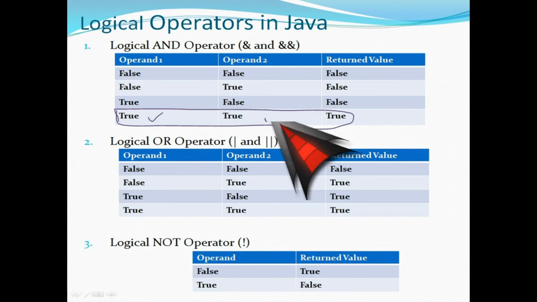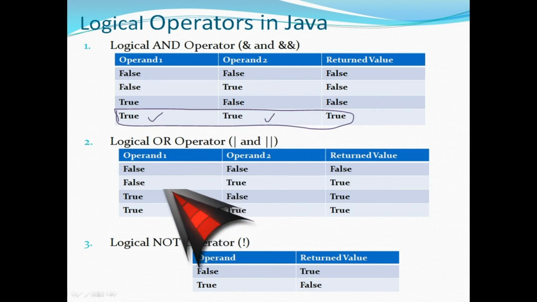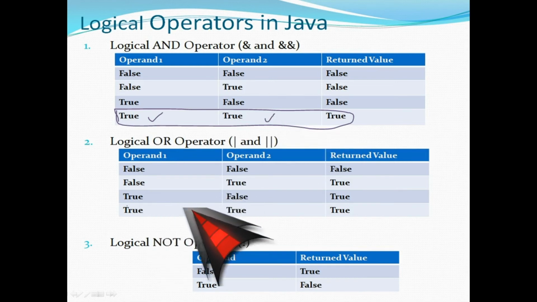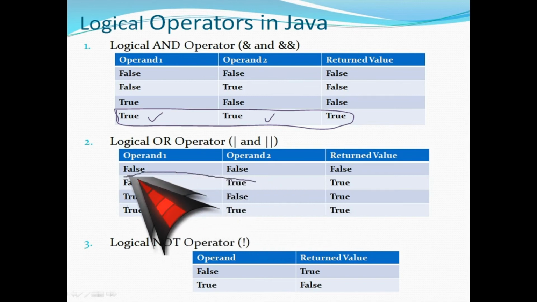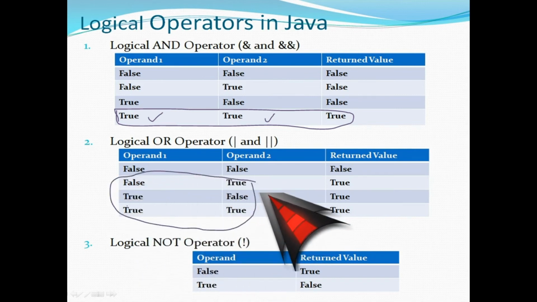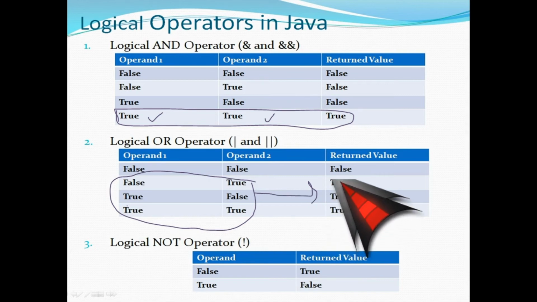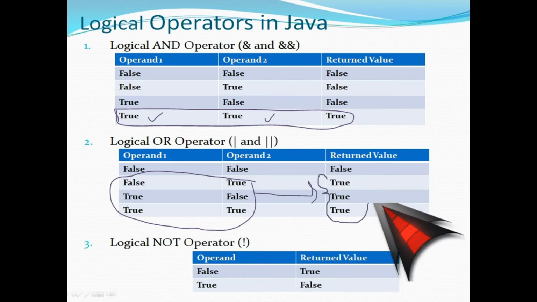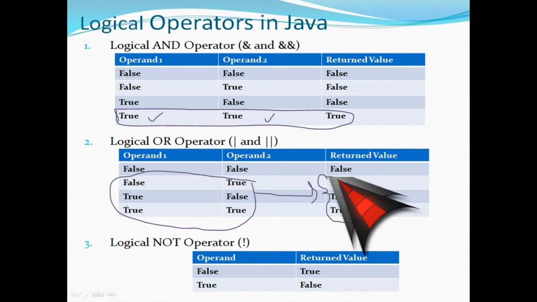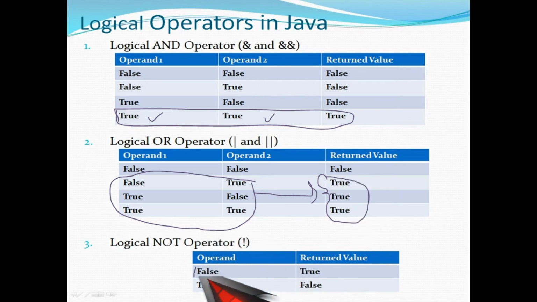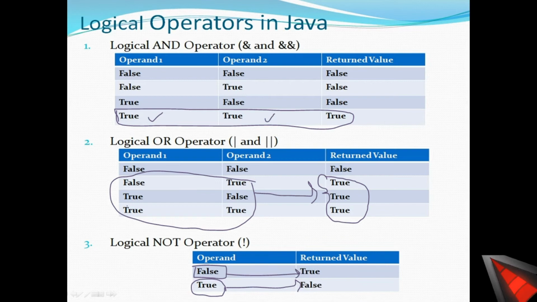In the OR operator, if any one of the conditions is true, then my result will come as true. And NOT means whatever the value or condition we get, we give the opposite result.